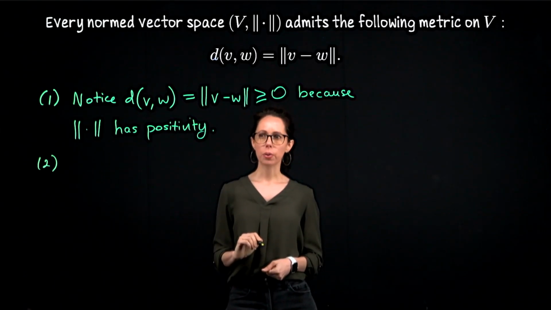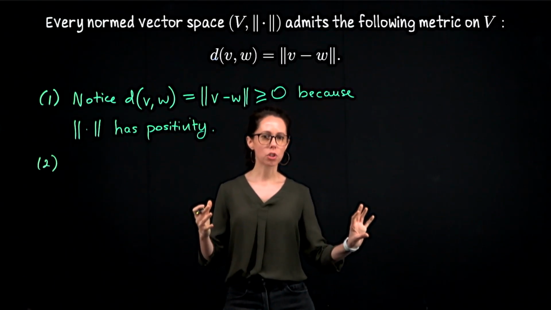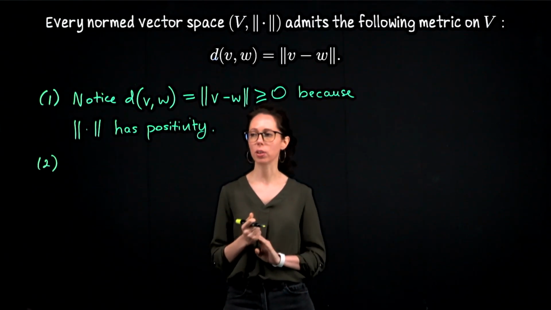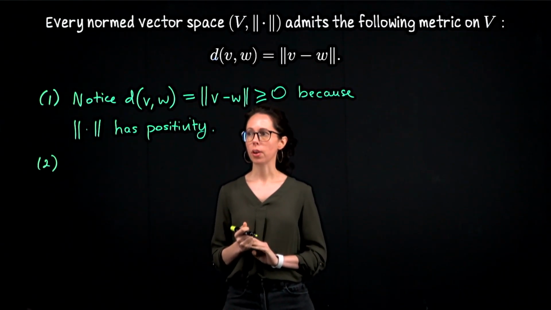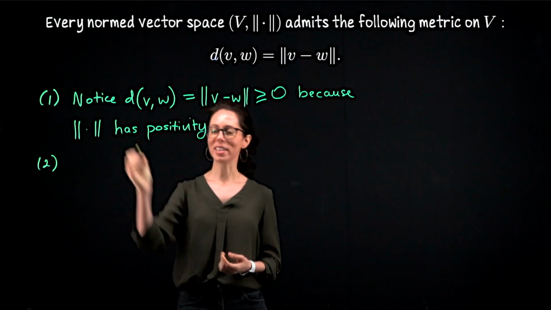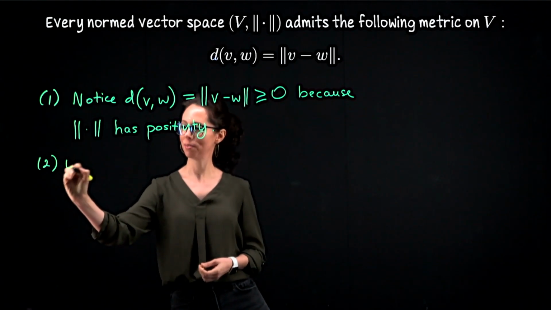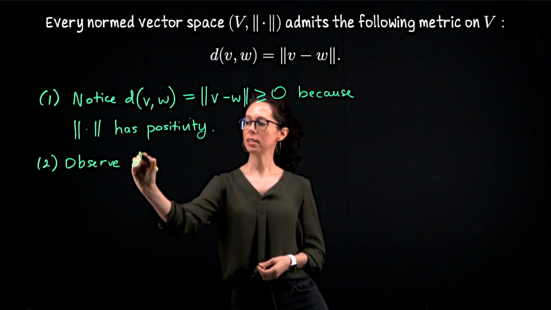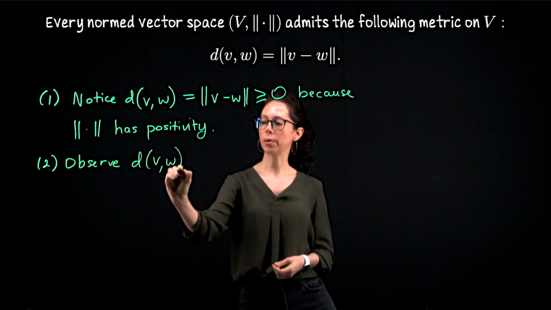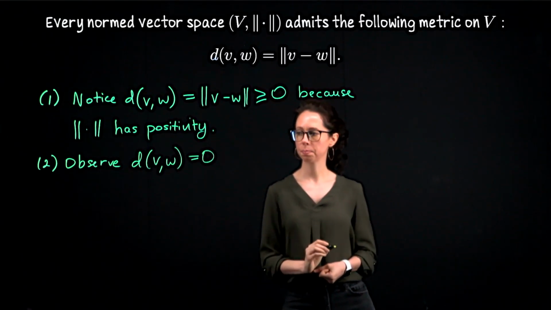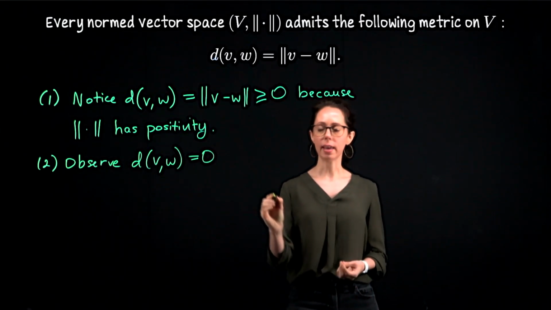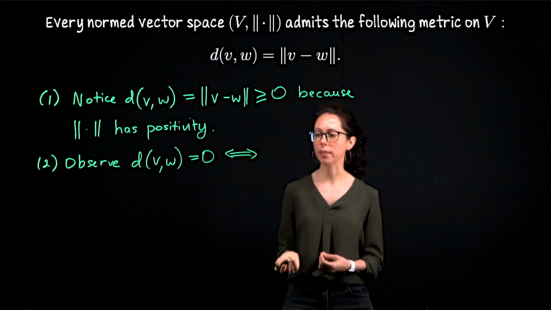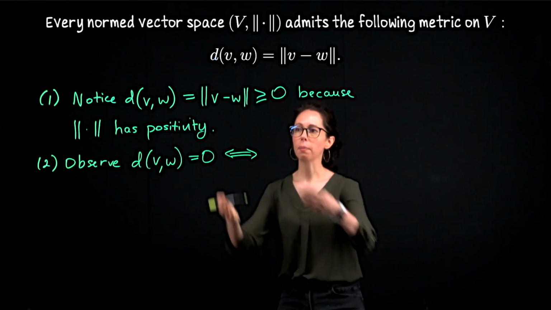I think we can do this as one kind of if and only if chain. I don't think I need to make two arguments to cover the two directions of the if and only if statement. So observe: the distance between v and w equals 0 if and only if, so this is like the first link in my if and only if chain, if and only if this equals 0.